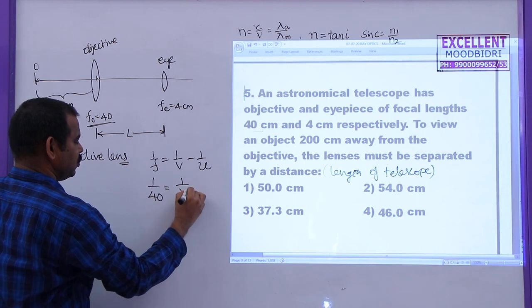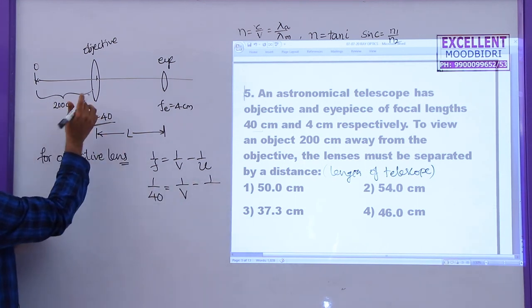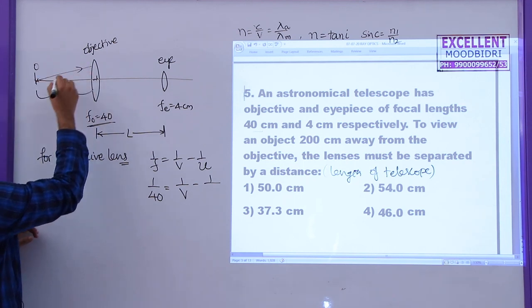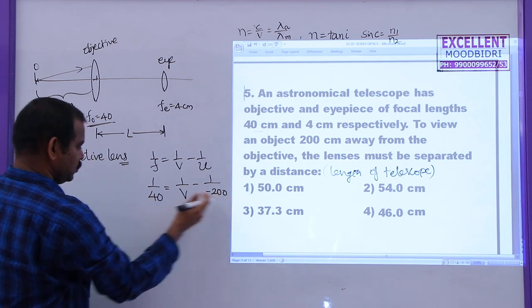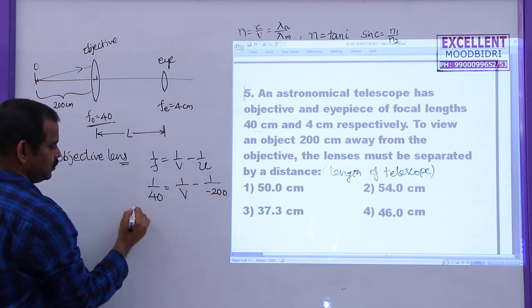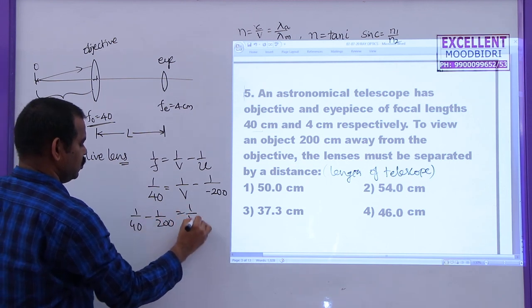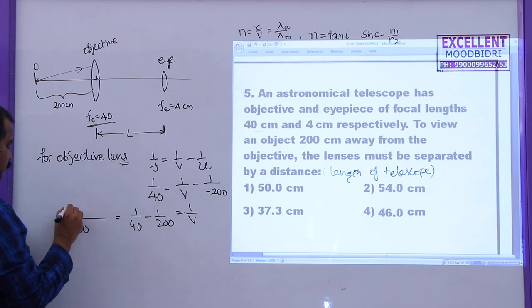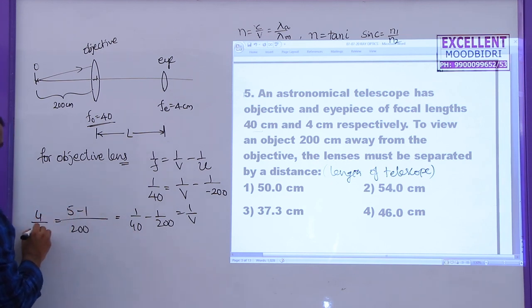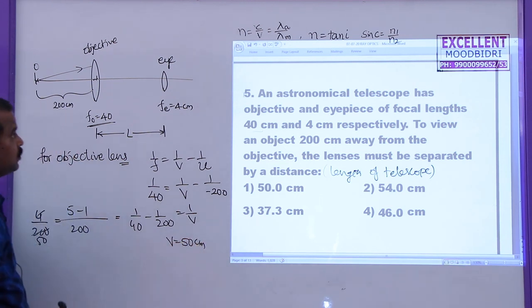V, the image, we don't know where it is going to be produced, and U is measured from this point to this one, opposite to the incident light, so this will be minus 200. So minus of minus becomes plus: 1 by V equals 1 by 40 minus 1 by 200. Taking 200, this is 5 minus 1, which is 4 by 200, so V is 50. The image will be formed at 50 centimeters from the objective.